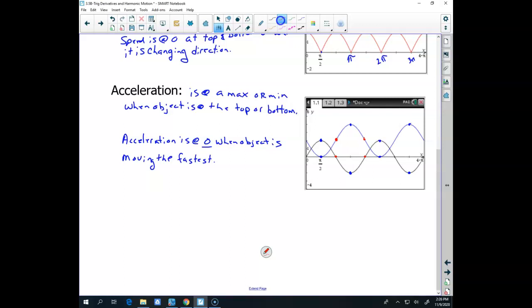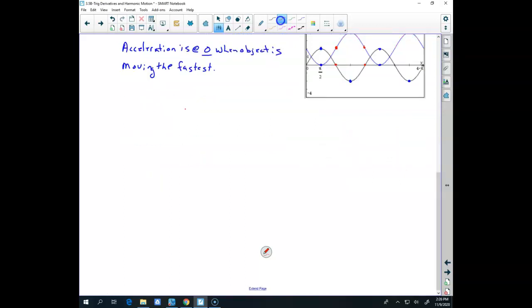It's kind of nifty. So if I'm looking at my object here, here's my ceiling, spring, weight, and if this is at 4 meters, this is at 0 meters, and this is at 2 meters where it started. Speed here is at 0 at the ceiling when acceleration is at max.